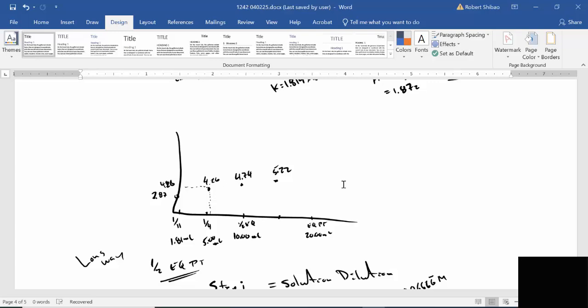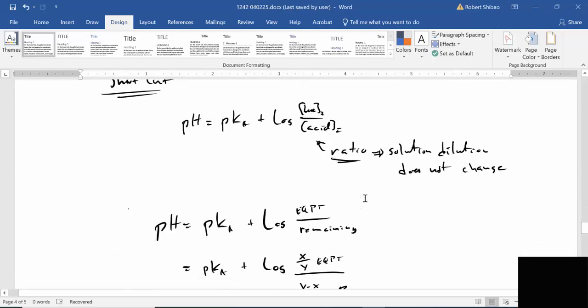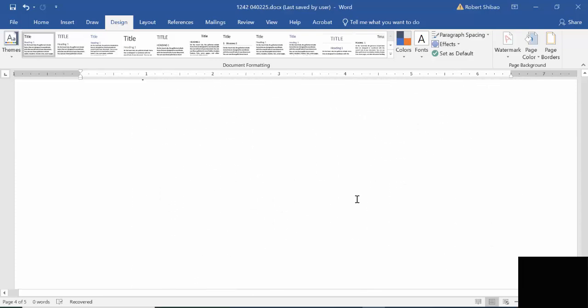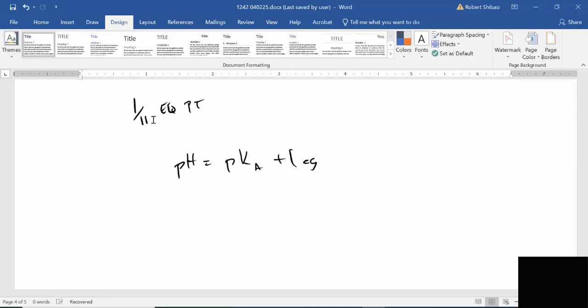And you might think, 1.81 milliliters, why am I doing it there? Because it seems like an odd number. The reason I'm doing it there is not because of the milliliters. The reason is the base to acid ratio, which is important. At the 1/11th equivalence point, I'll do it the shortcut method: the pH is equal to pKa plus the log. I've neutralized only one part out of 11, so I've converted 1/11th of it into product. That means I have 10/11ths left over, correct? Why I picked the 1/11th is because of the ratio.